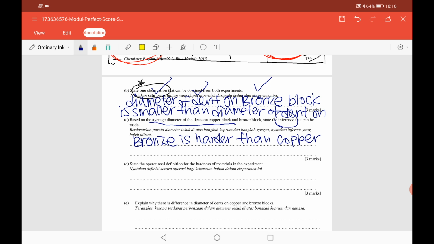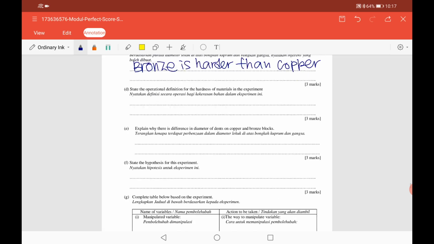That's it. You just need to mention bronze is harder than copper. This is a good inference because it explains why the bronze has a smaller dent. When the bronze is harder, when you hit the weight to the steel ball, the dent will be smaller. So this is how we write a good inference. Explain our observation briefly. Don't go too complicated. So this is for our inference over here.